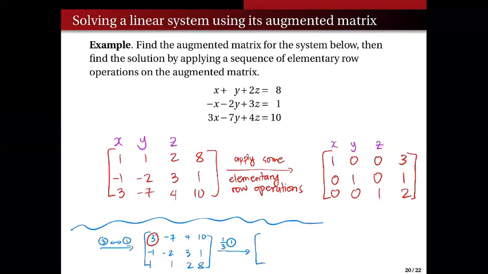If we do that, we will now have 1 here, and then -7/3, and then 4/3, and then 10/3. We did not do anything with the second row and the third row, so we just copy them: -1, -2, 3, 1, and then 1, 1, 2, 8. So this is your step 3.